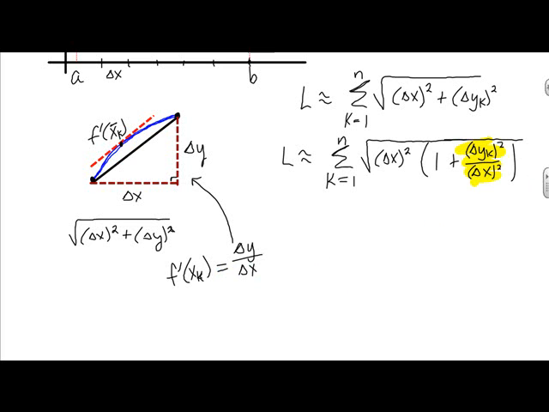Alright, L is going to equal the sum from 1 to n of, now I'm going to take a square root of delta x squared, have delta x times the square root of 1 plus, now rewriting that as delta y sub k over delta x all squared. And I know that delta y over delta x is equal to the derivative, so I can make that substitution.